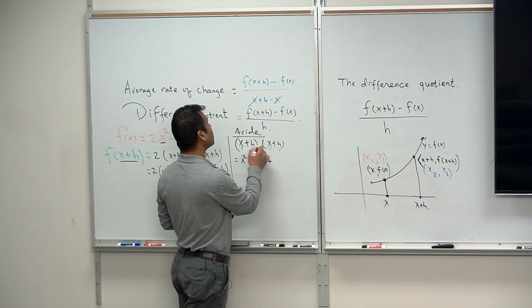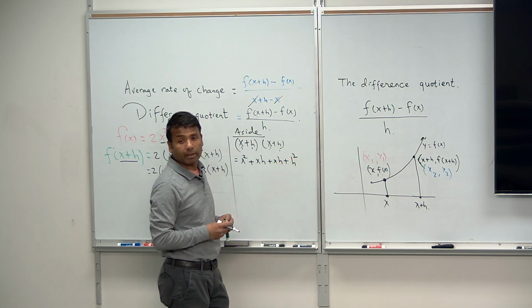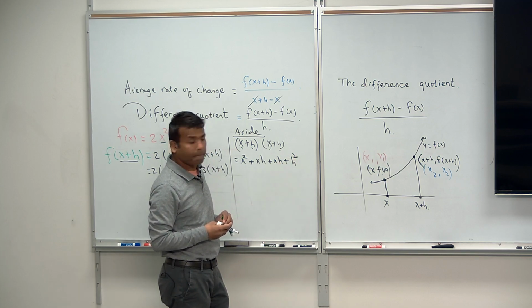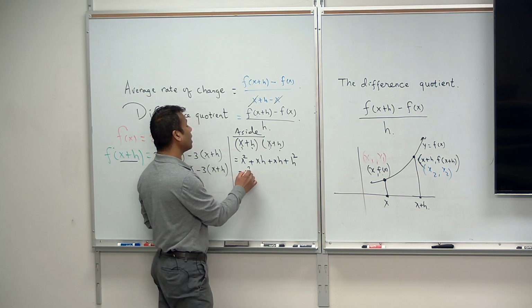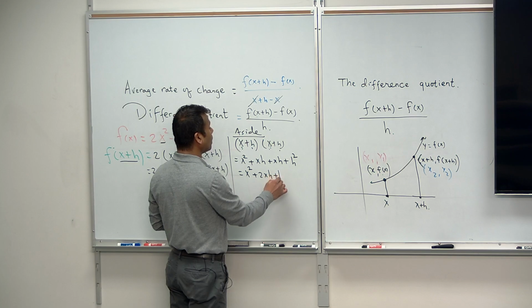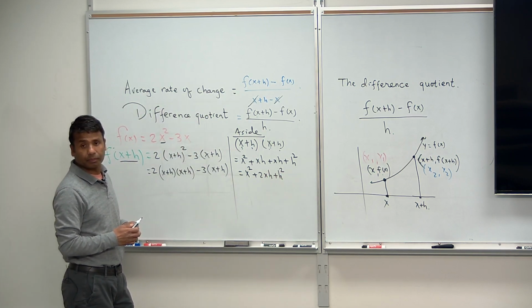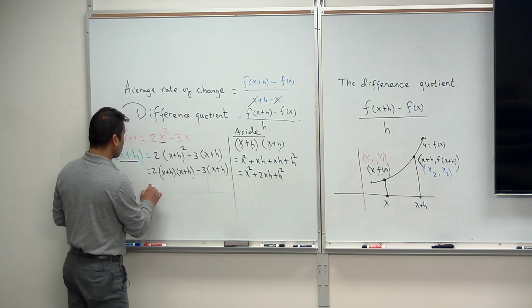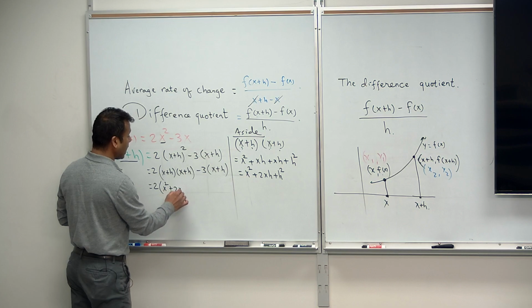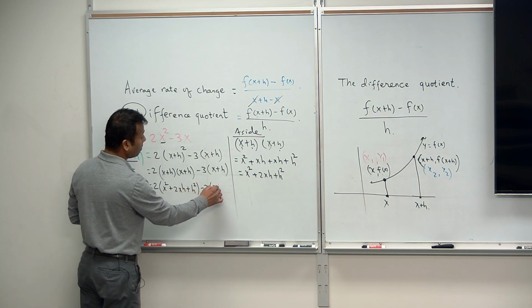Plus h times x is xh, plus h times h is what? h squared. You got it? So now it will be x squared plus 2xh plus what? h squared.